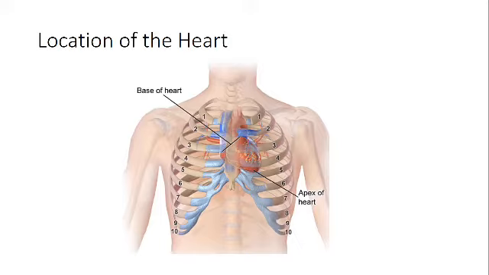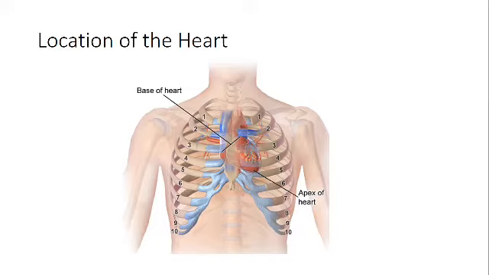The apex of the heart has significance in the sense that the maximum heartbeat is felt at the apex. In applied anatomy, when the maximum heartbeat is felt anywhere other than the fifth left intercostal space, it depicts either an enlargement or a reduction in the size of the heart.